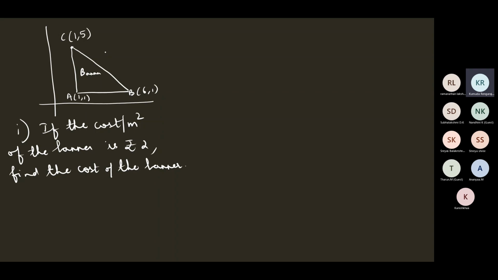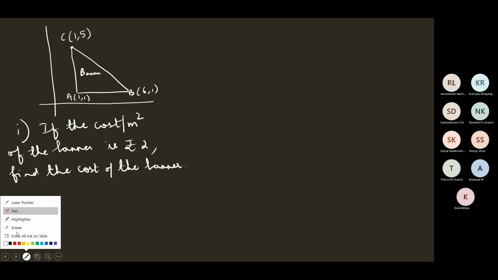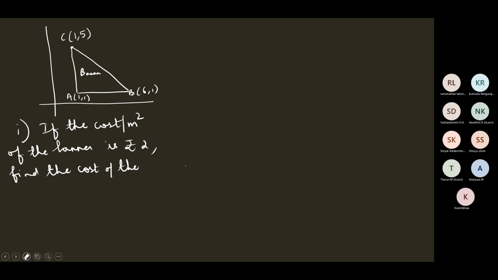Okay, they are making 10 banners like this, children. Find the cost of the campaign. On the banner, it says no smoking, and the banner has information regarding the effects of smoking on human health.